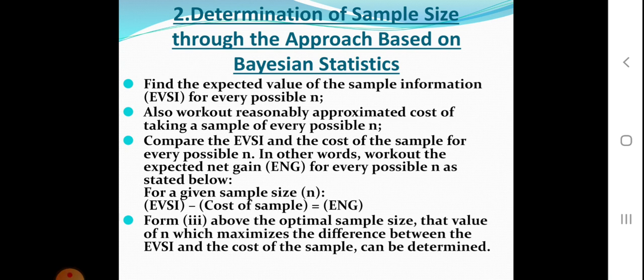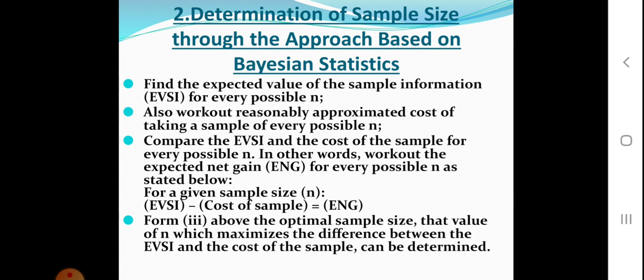Students, this approach of determining n, that is sample size, utilizes Bayesian statistics and as such is known as the Bayesian approach. The procedure for finding the optimal value of n or the sample size under the Bayesian approach is as under.